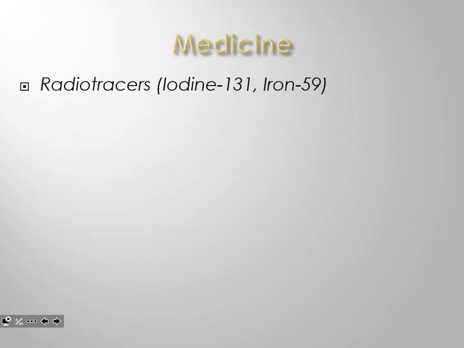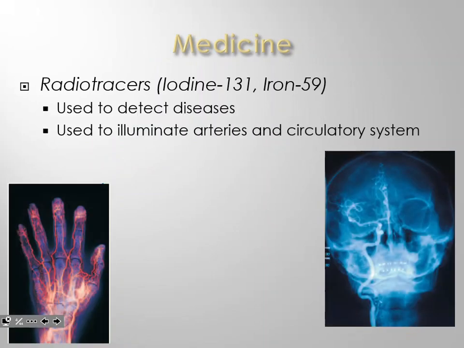Now, things where you're going to find nuclear chemistry important, like medicine: radiotracers, iodine-131, iron-59. If you go to the hospital and they need to do some kind of scan, and I've actually had to do this twice, once in high school and once a couple years ago when they did my MRI.